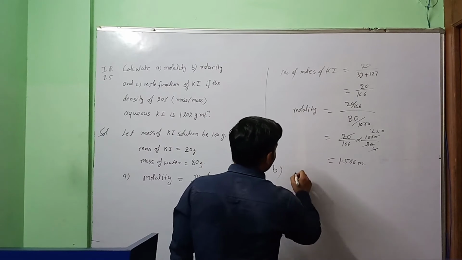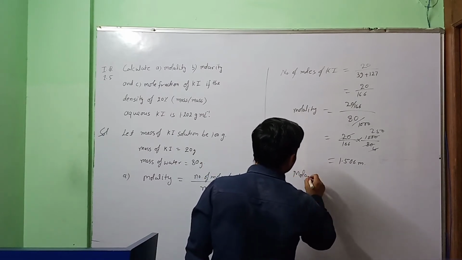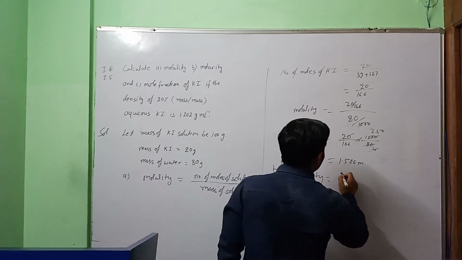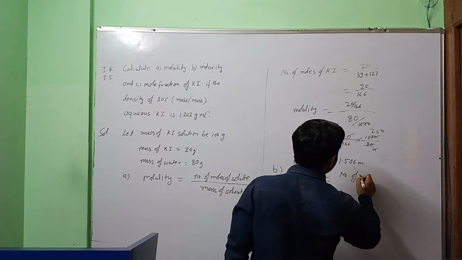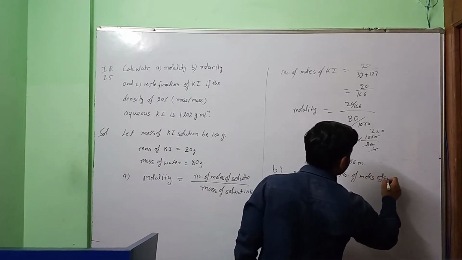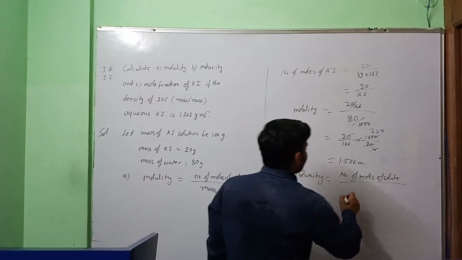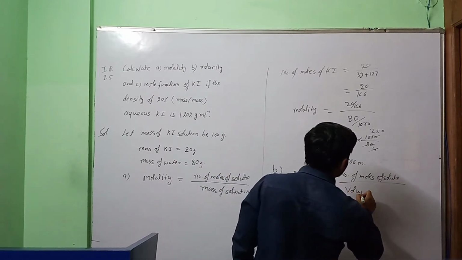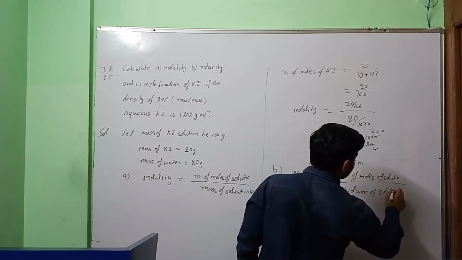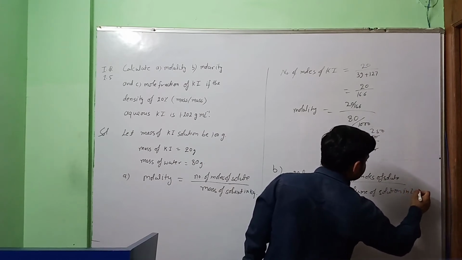Now we will move towards the molarity, B part. Molarity equals number of moles of solute divided by volume of solution in liters.